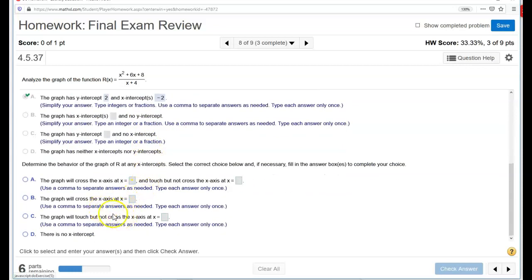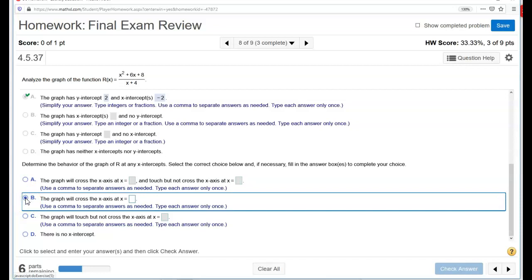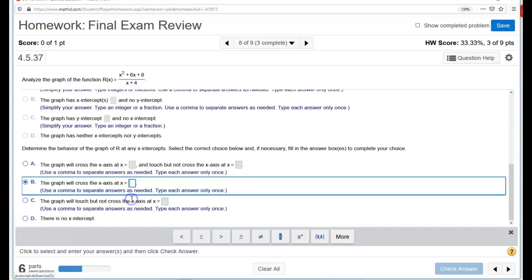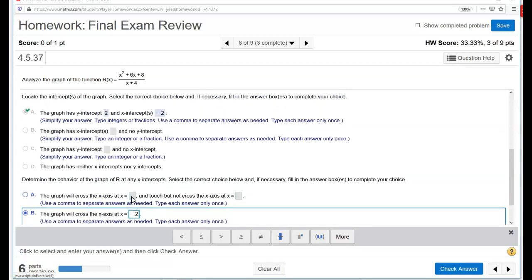So we know it's going to cross the x-axis at -2. The graph will cross the x-axis at -2. And that's the only x-intercept, and it crosses because the multiplicity is odd, because that x plus 2 factor is to the first power.